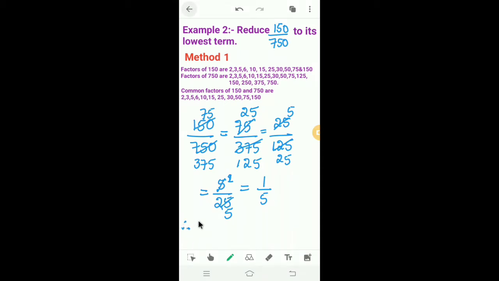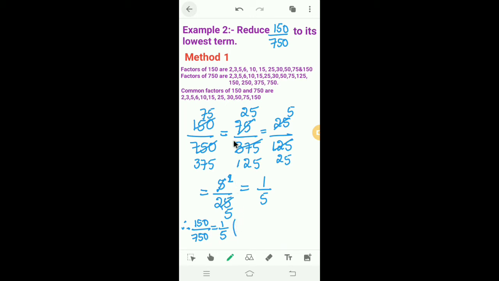Therefore, 150 by 750 is equal to 1 by 5. Here 1 by 5 is the lowest term of 150 by 750.